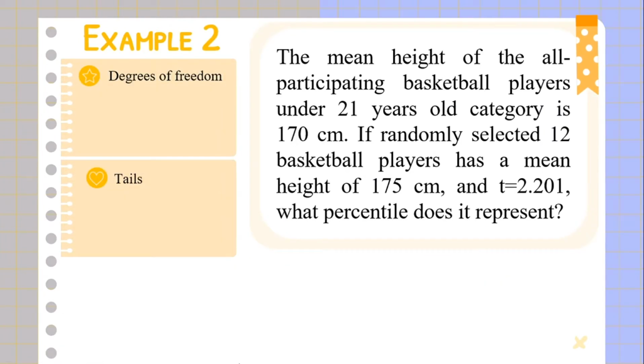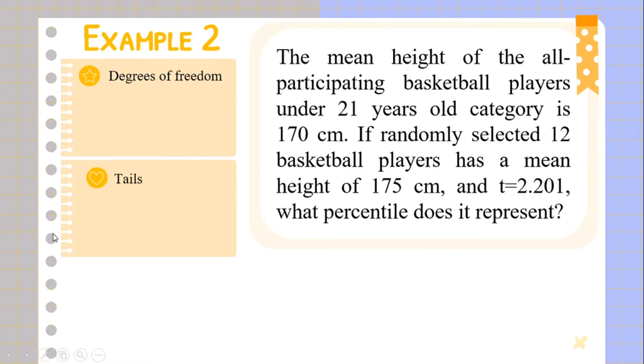So let's have another example. The mean height of all participating basketball players under 21 years old category is 170 centimeters. If randomly selected 12 basketball players has a mean height of 175 centimeters and t-value of 2.201, what percentile does it represent?